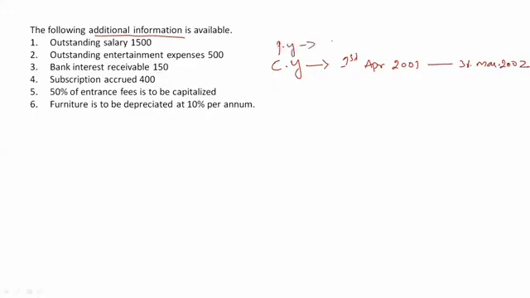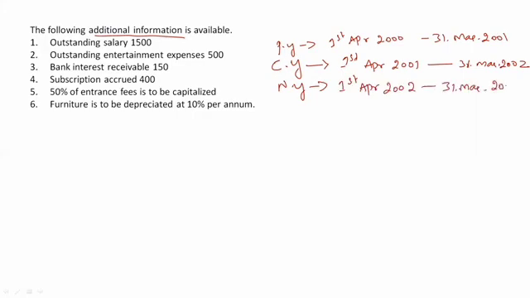Previous year should be 1st of April 2000 to 31st March 2001. This should be my previous year. And what will be my next year? So next year will be 1st of April 2002 to 31st March 2003.